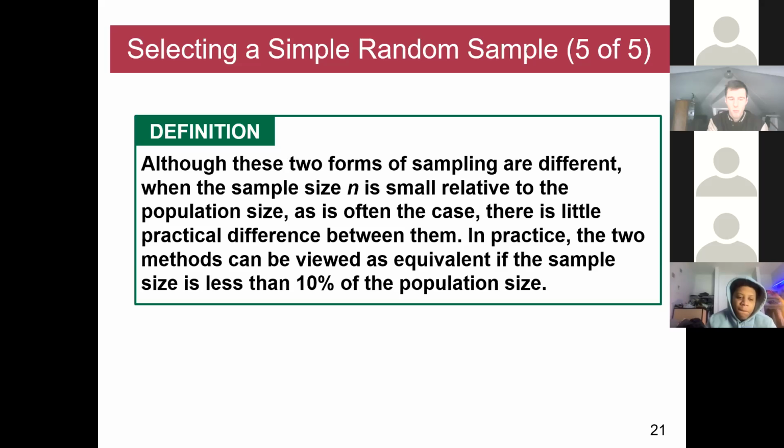Why? Because if the population is 1 million and your sample size is 100, well, 100 is much smaller than 1 million.